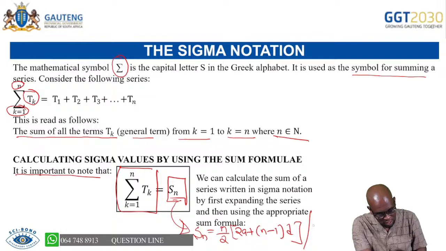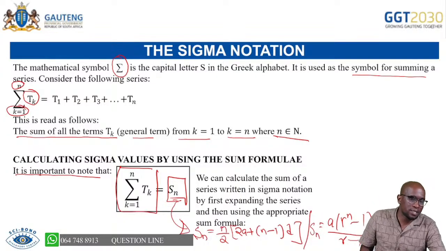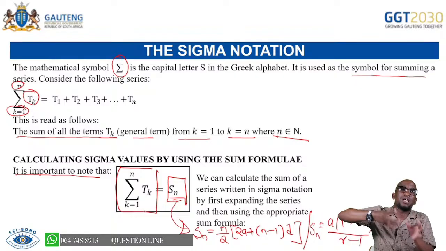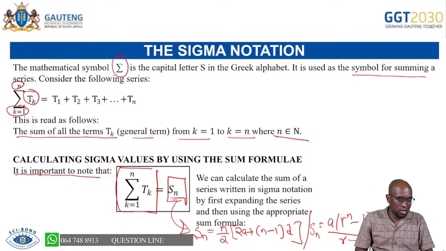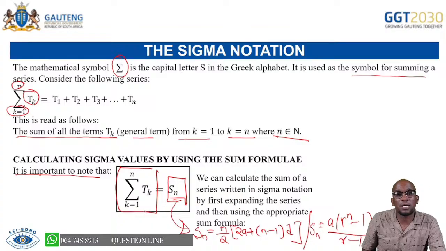If it is geometric, we will be using Sn is a(r to the n minus 1) over r minus 1, or the other way around if r is actually less than 1. So that tells us that whatever you sum up should be the same as when you sum it up using the formula. So that is key.